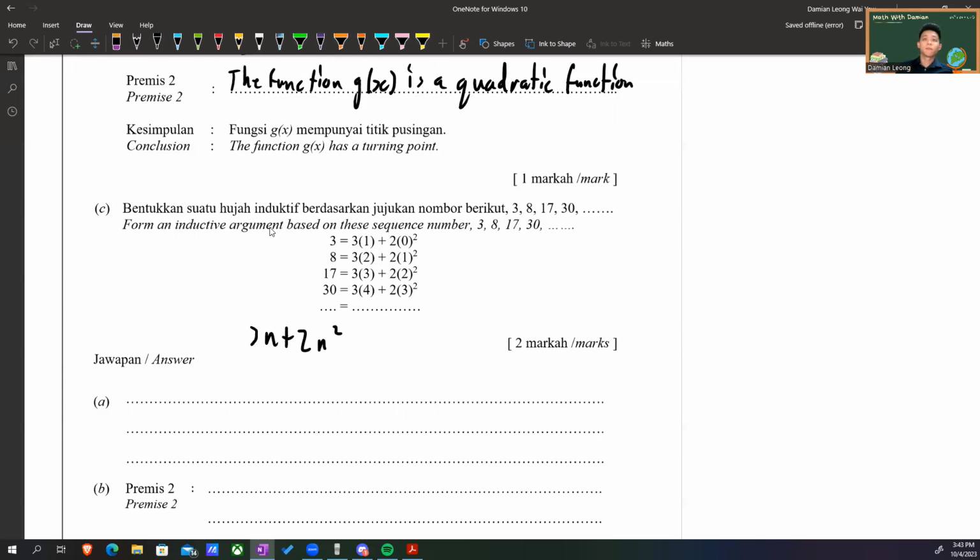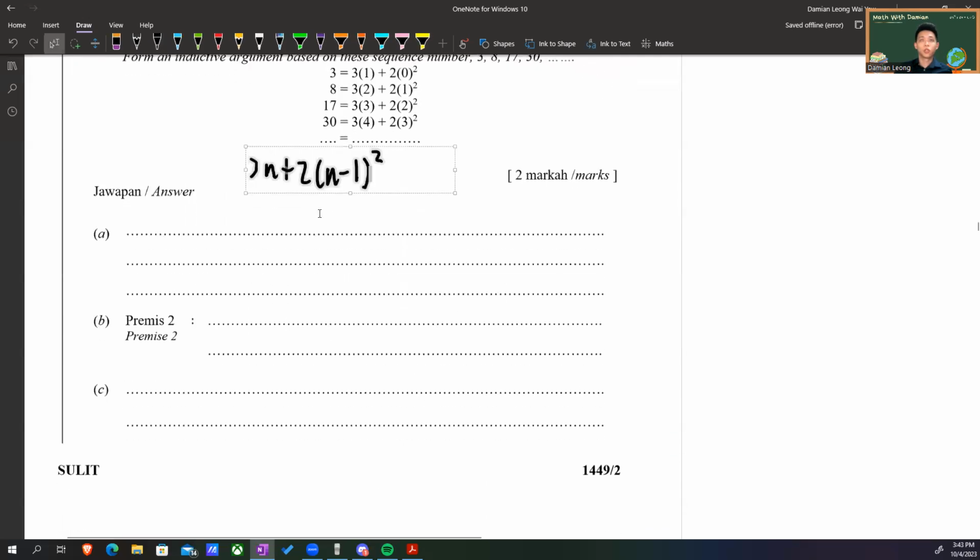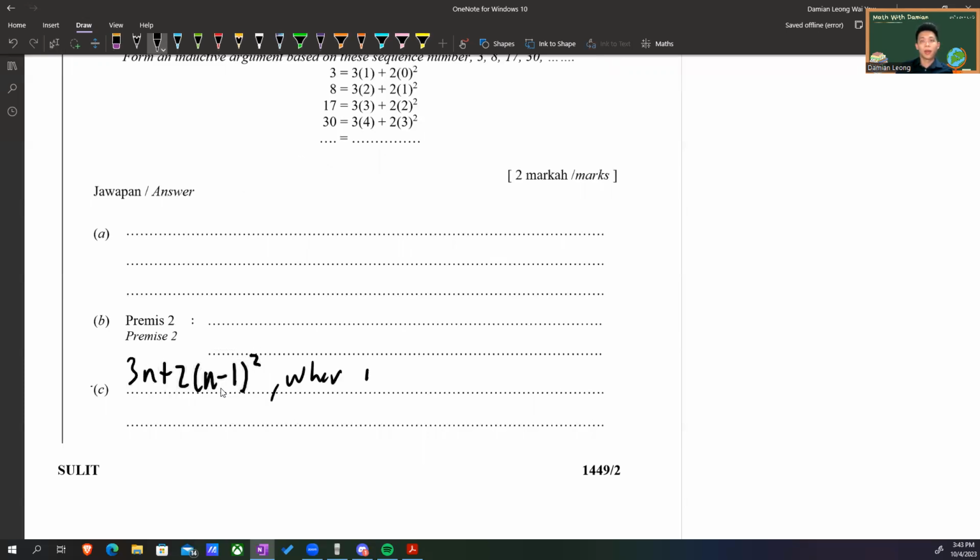To make it one number before the n, I have to put n minus 1. So it's 3n plus 2(n minus 1) squared, where n is 1, 2, 3, 4, and so on.